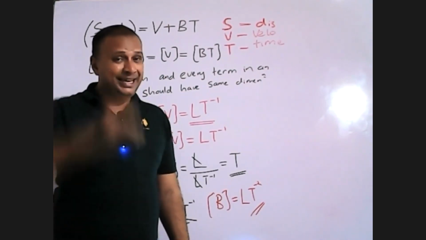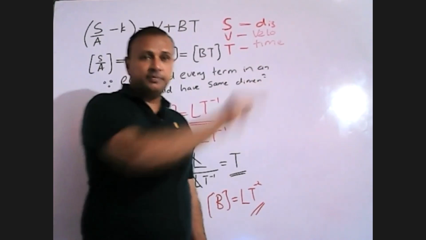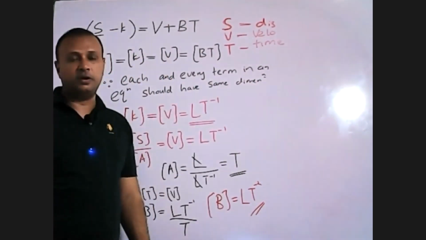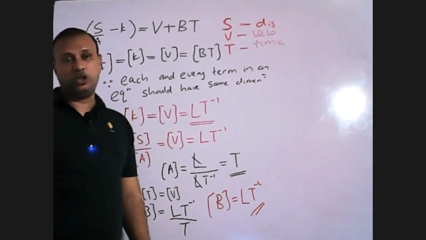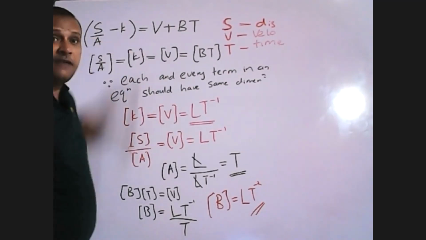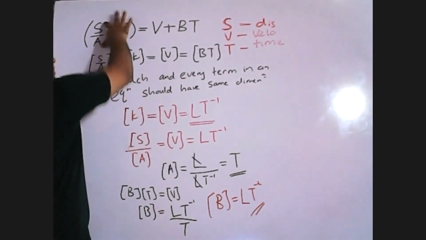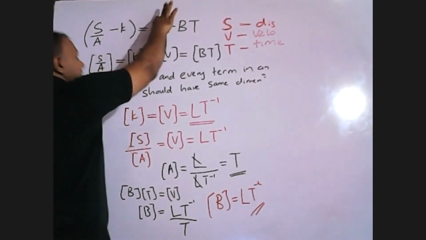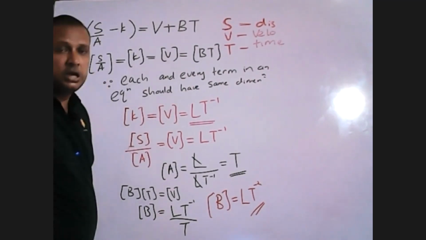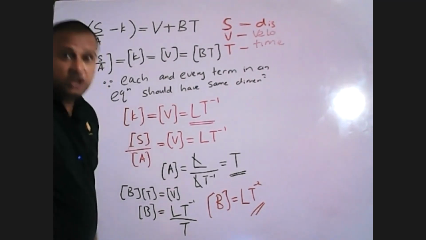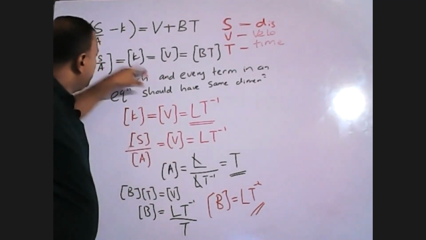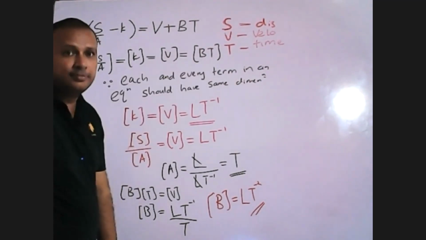According to that logic, each and every term in an equation should have the same physical quantity, the same dimension. In here, there are four terms. This is one term, this is another term, this is another term, this is another term. So the dimensions of each and every term should be equal.